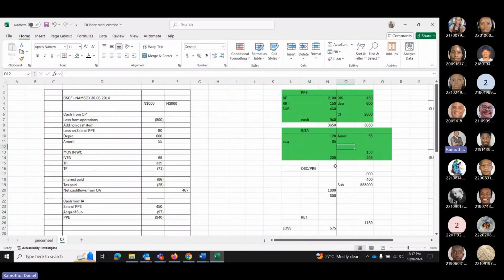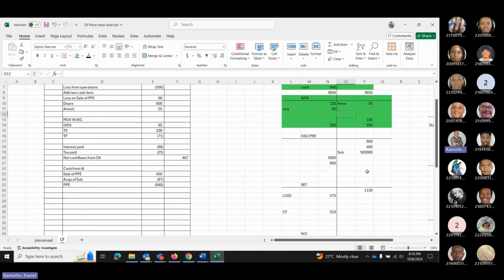Then we look at the issue of shares here. So we could work out what the balance is. This was 585,000. 585, no zeros. I think we put the wrong figures in estimation. So that is the figure. Then we put this figure here. Then we find what the difference is, which is this minus those two.